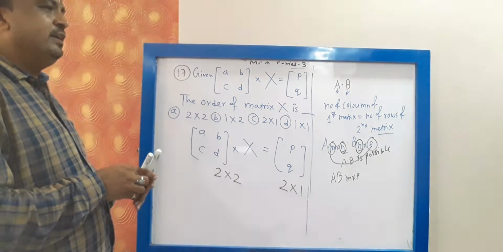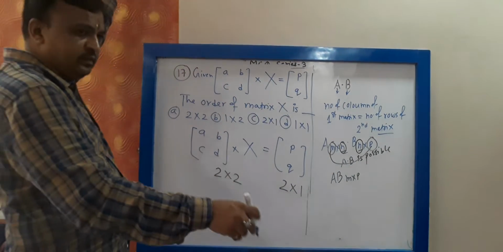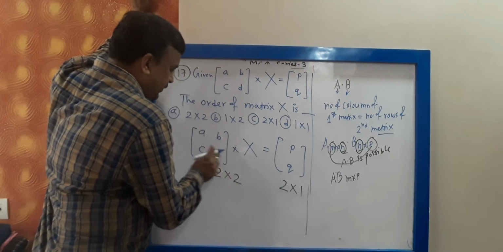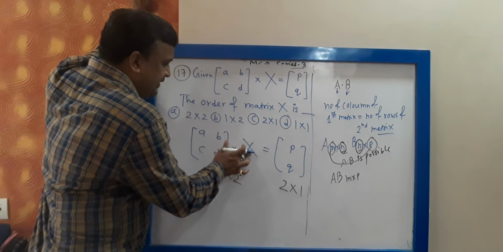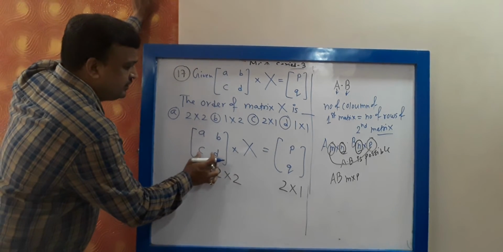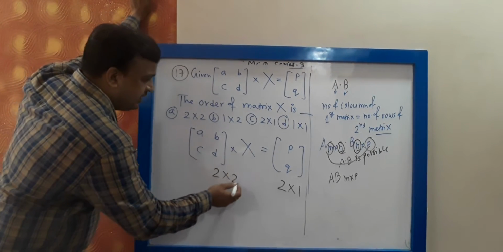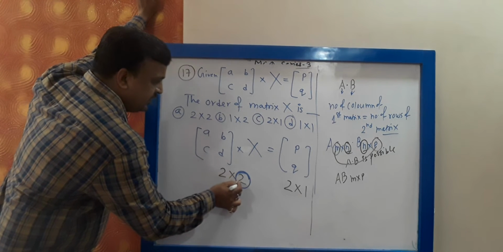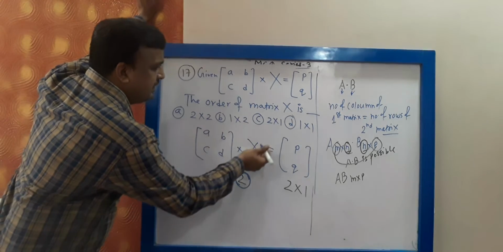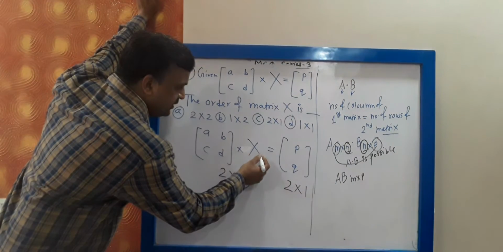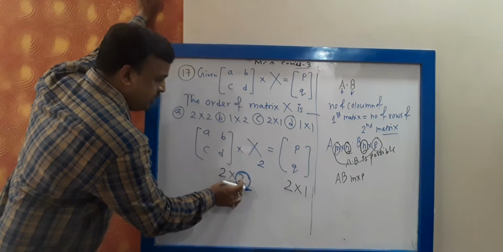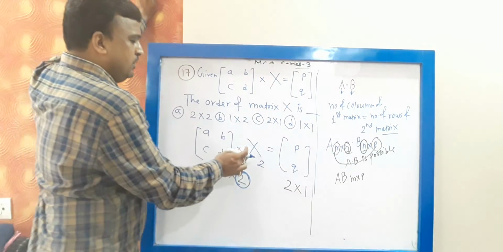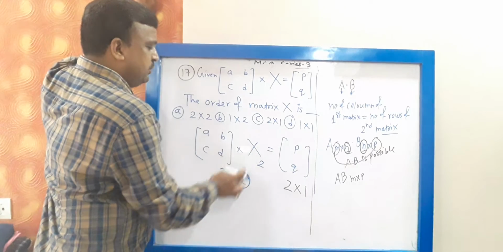So how will we find the order of X? We can multiply the first matrix with the second matrix only when the column of the first matrix is the same as the row of the second matrix. So the row of X will be 2.